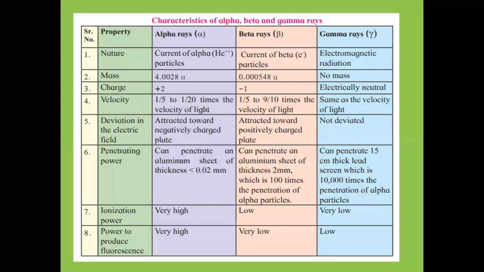Or electromagnetic radiation, basically a form of energy. I think nobody is talking on the chat box now, because yes, He2+ means doubly charged positive helium ions, that is the nature of alpha rays. The nature of beta rays is negative because it deviated towards the positively charged field, since opposites attract.